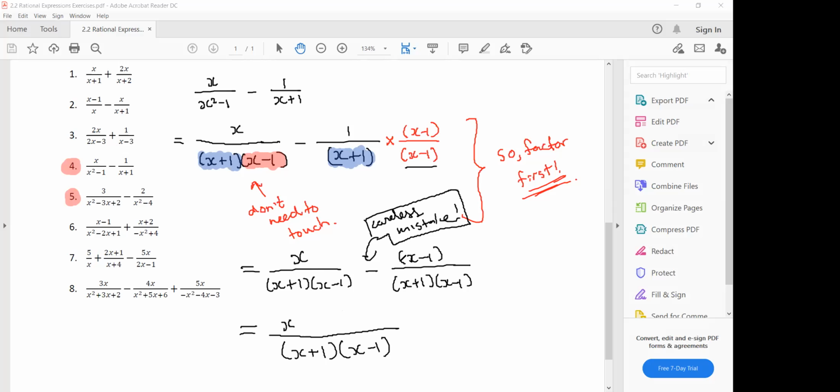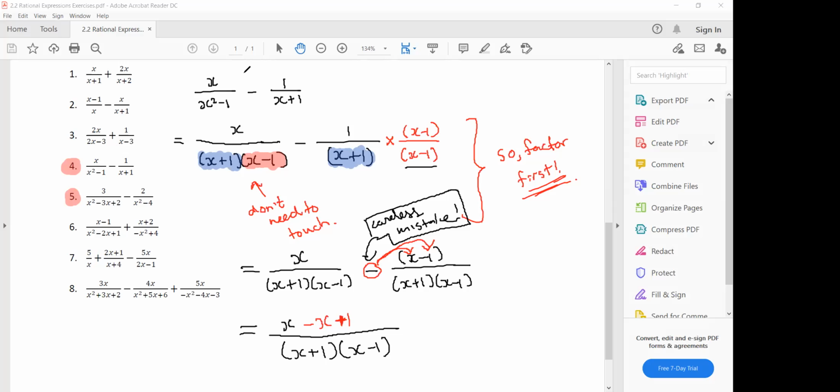This negative applies to everything in the numerator here. Some people write this, minus x minus 1. But that's not true, okay? This negative applies to the x, so it is minus x. But that negative also applies to everything else inside the bracket, which makes the negative 1 a positive 1. Please be careful.